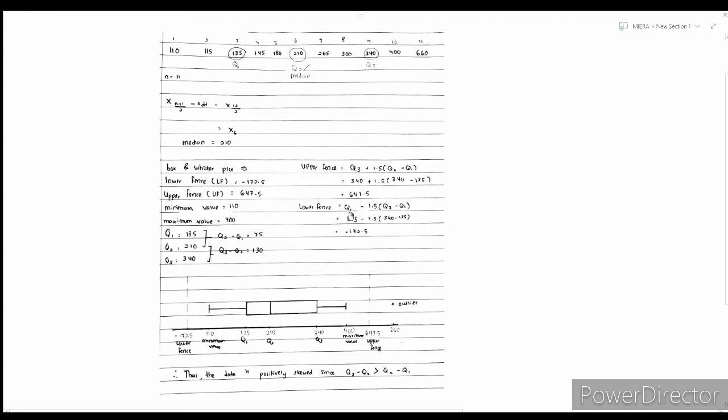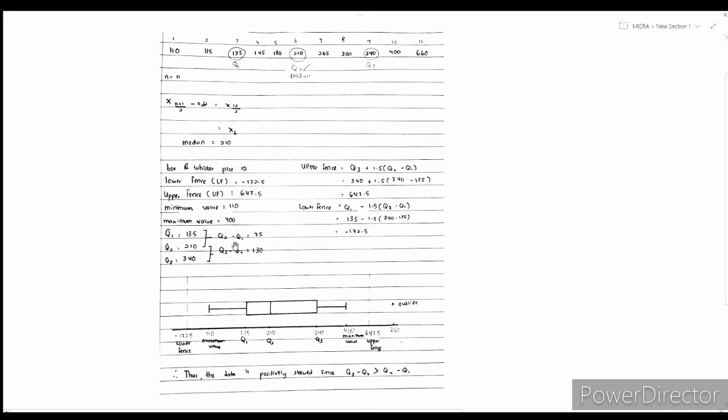To find the lower fence, we use the formula first quartile minus 1.5 in bracket third quartile minus first quartile. After we calculate 135 minus 1.5 in bracket 340 minus 135, we get negative 172.5.